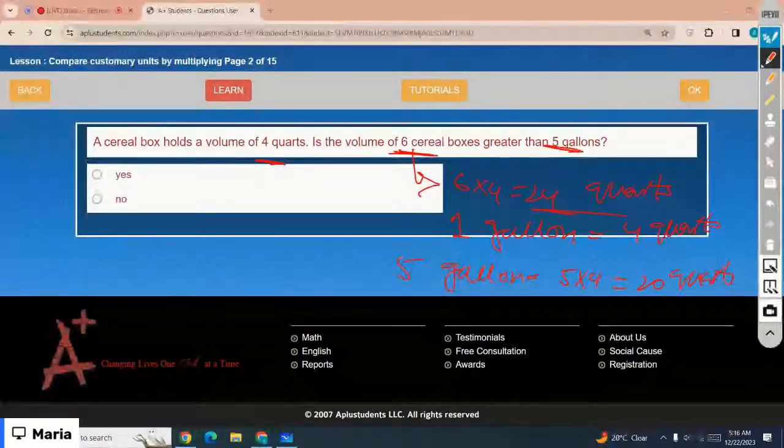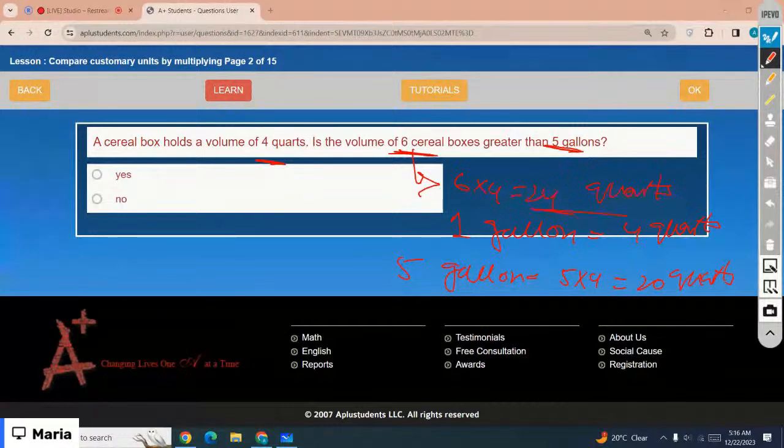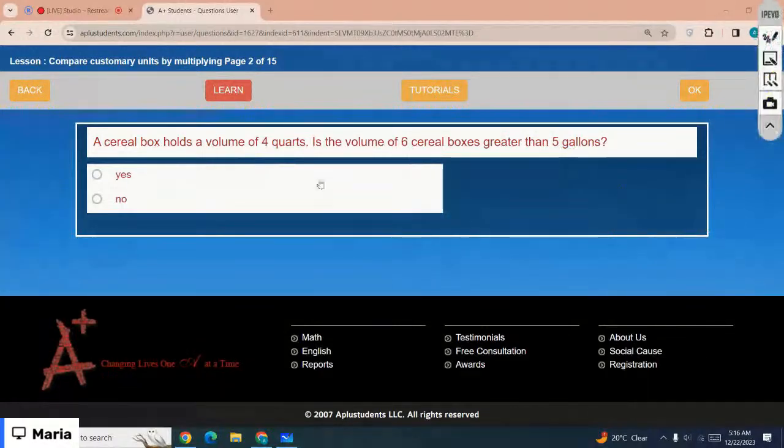The volume of 6 cereal boxes is more than 5 gallons, right? The correct option is yes. The volume of 6 cereal boxes is greater than 5 gallons.